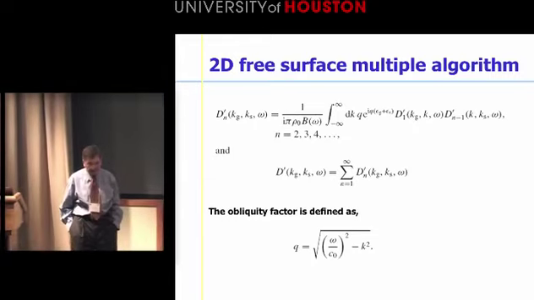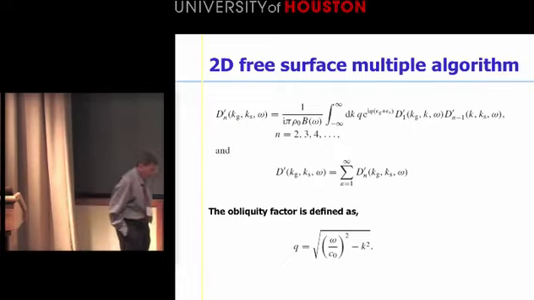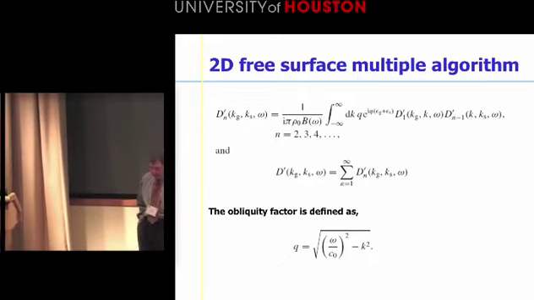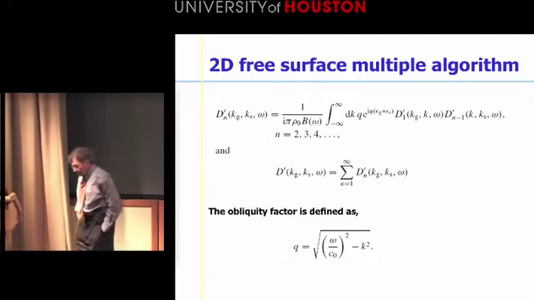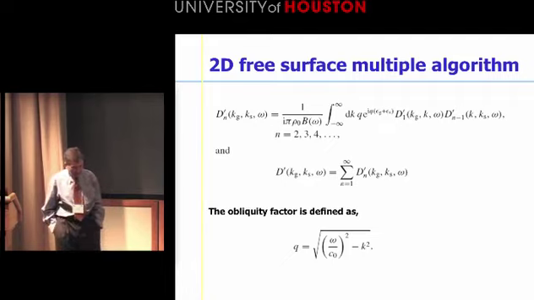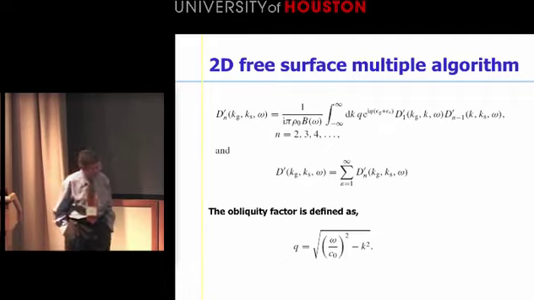And faster matters, but not always. If you have a proximal free surface multiple in a primary, you don't want to save cost by leaving out the obliquity factor.